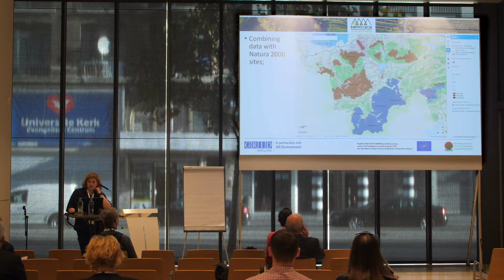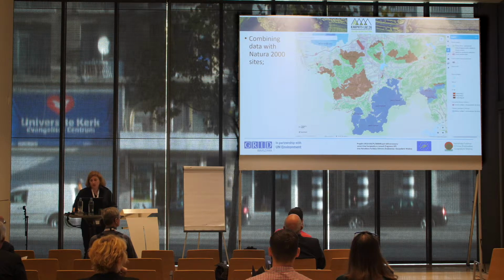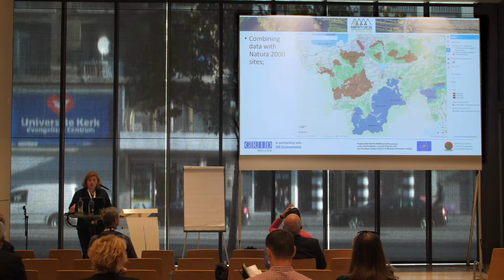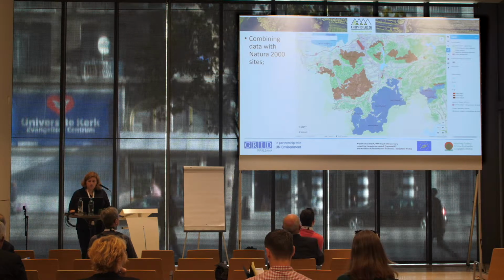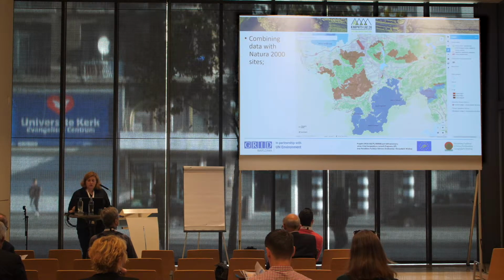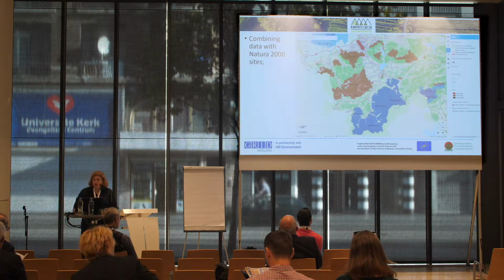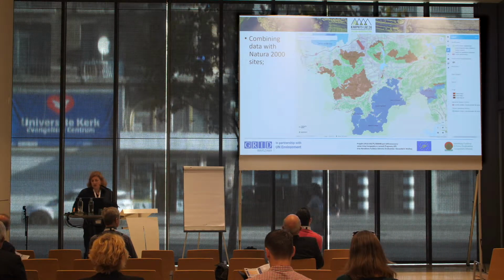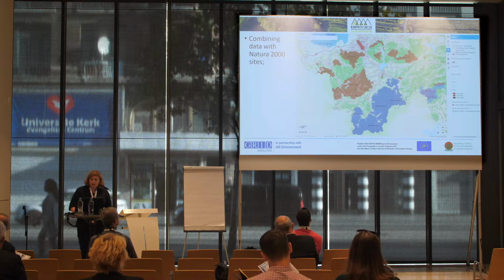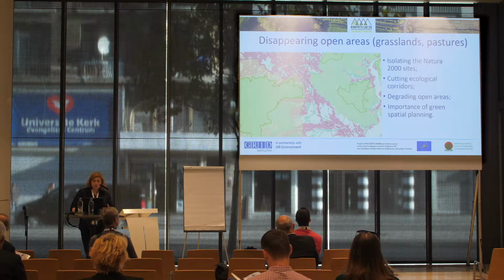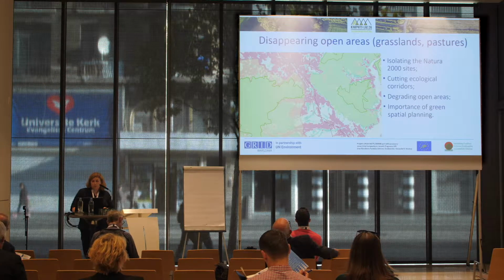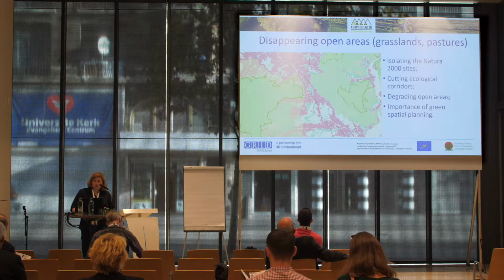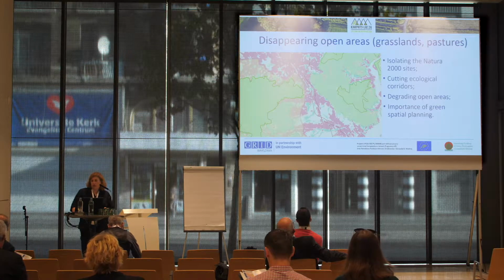If we combine this data with Natura 2000 sites and other information on protected areas, we can, together with local stakeholders, identify the isolated Natura 2000 sites and the level of dispersed housing, which are key threats to the preservation of landscape values and ecological connectivity. This information also allows us to plan how to make spatial planning more green and how to develop green infrastructure in these most threatened areas.